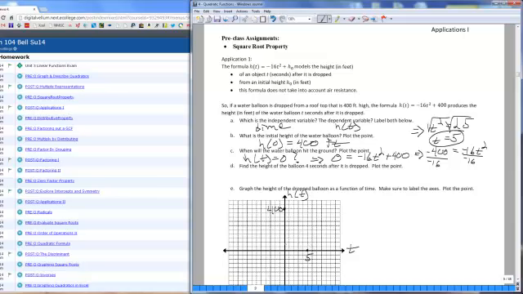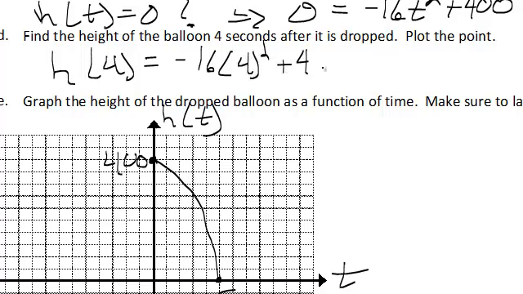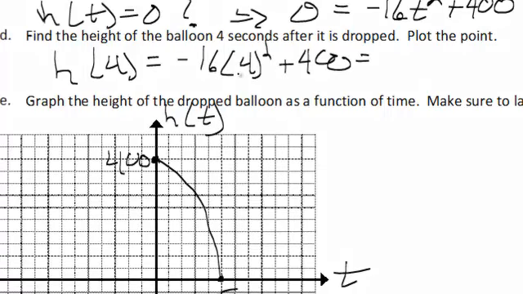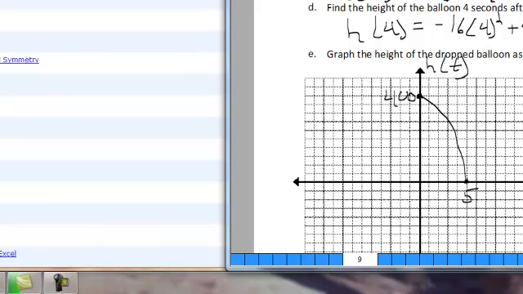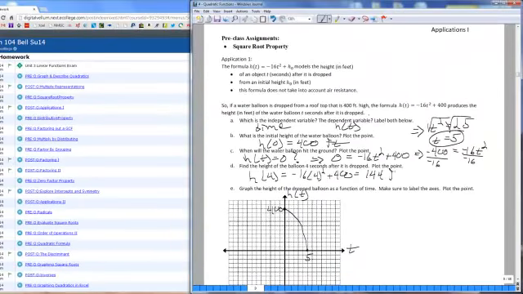So there's 5. The water balloon does this kind of thing. It takes 5 seconds to hit the ground. Find the height of the balloon 4 seconds after it's dropped. So basically I want to find h of 4 equals negative 16 times 4 squared plus 400, which equals negative 16 times 16 plus 400, which equals 144 feet.